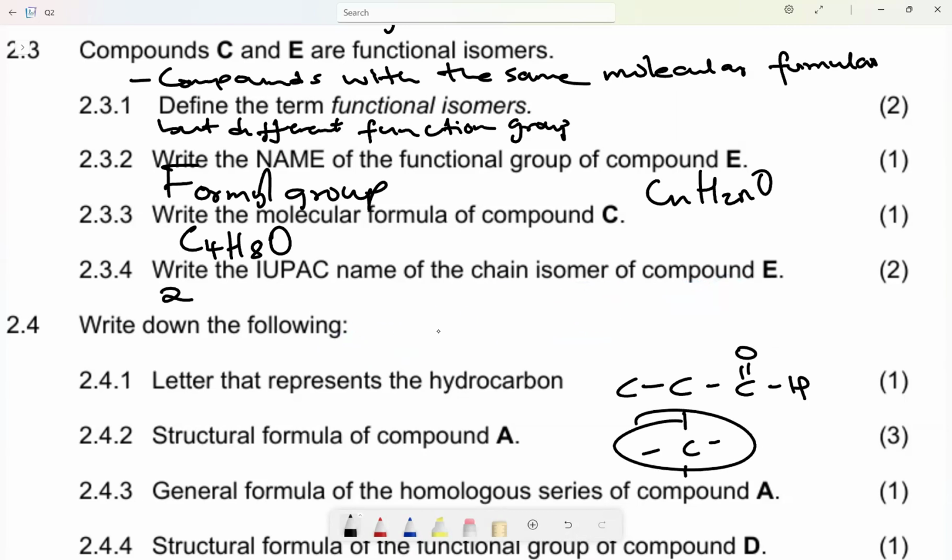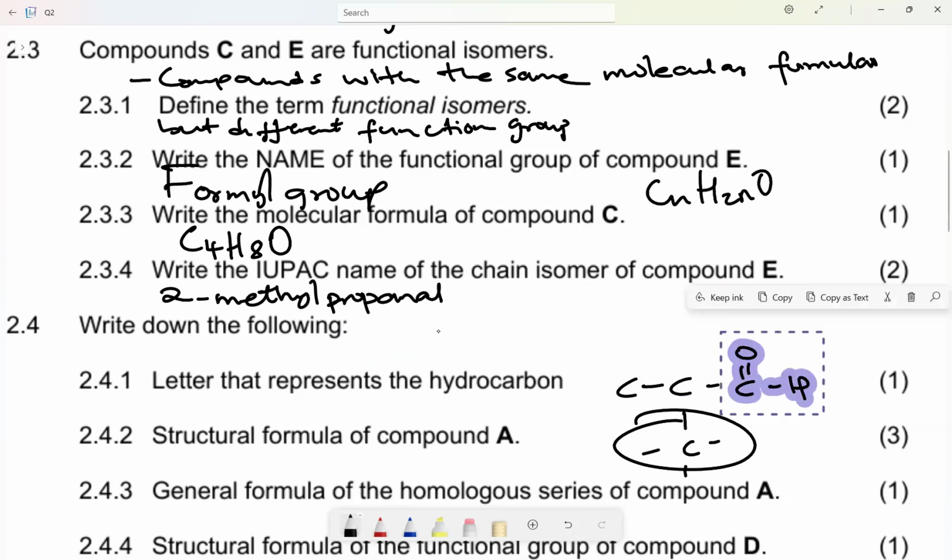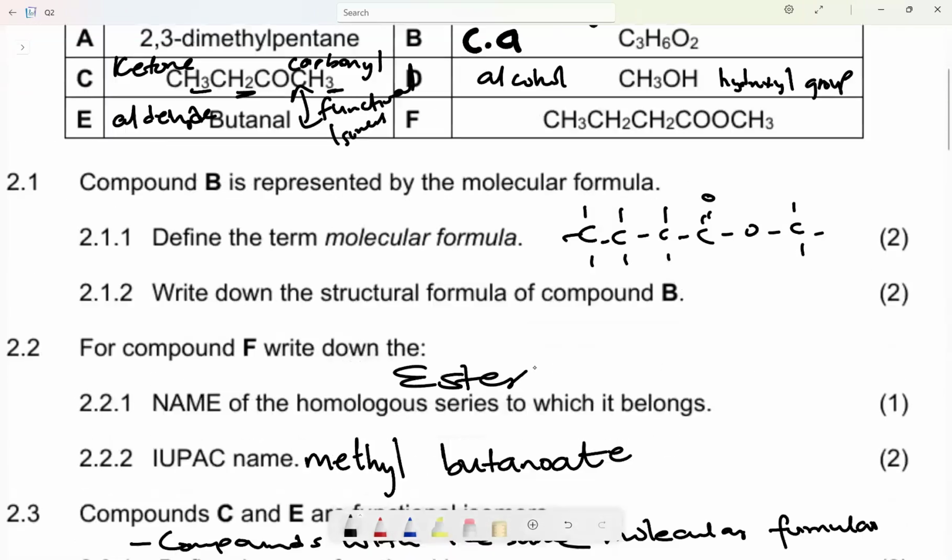Can you see I have a branch on carbon number 2? 2-methylpropanol. Remember, when I name an aldehyde, I do not number the functional group. Okay? Yes.